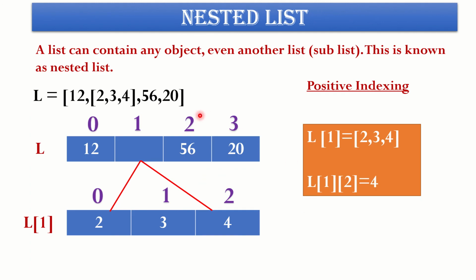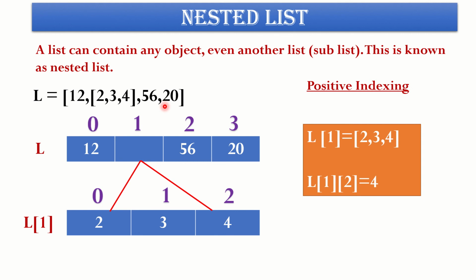As you all know, a list can contain values or elements of any data type. It can also contain another sublist. So, a list containing another list is called a nested list. If you see here, I've taken an example where I have 2, 3, 4 as a single list inside another list.